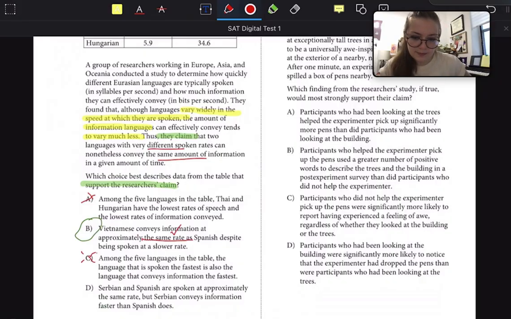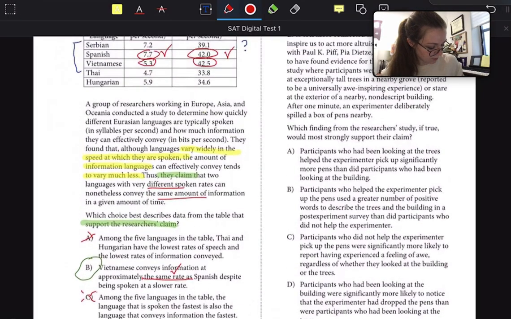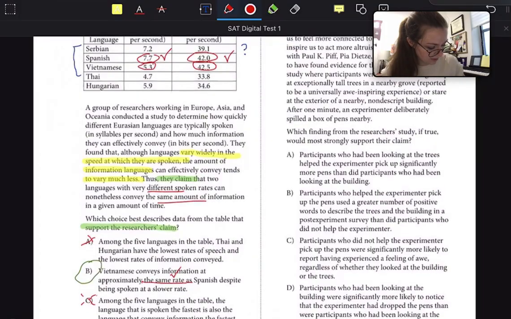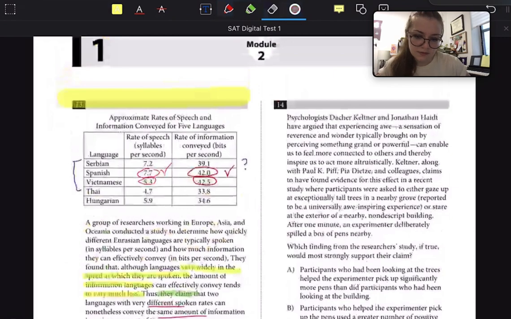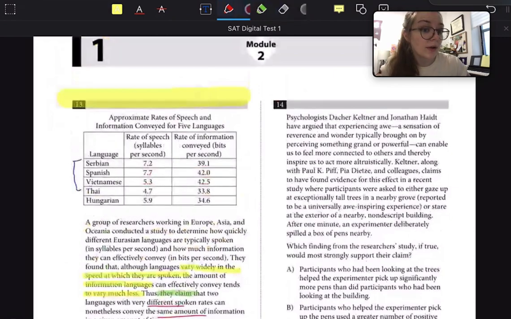So then let's look at D. Serbian and Spanish are spoken at approximately the same rate, but Serbian conveys information faster than Spanish does. Let's see. So Serbian and Spanish are spoken at approximately the same rate. Let's go back and see. So they're within about 0.5 bits of each other again.